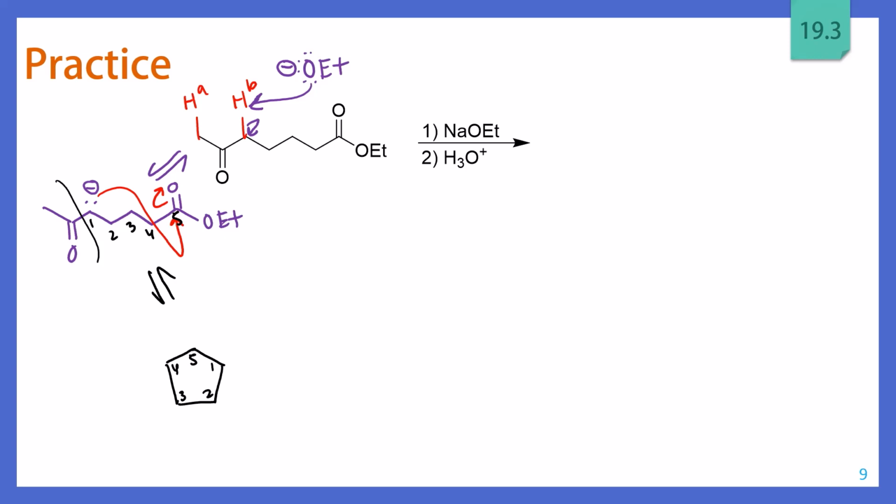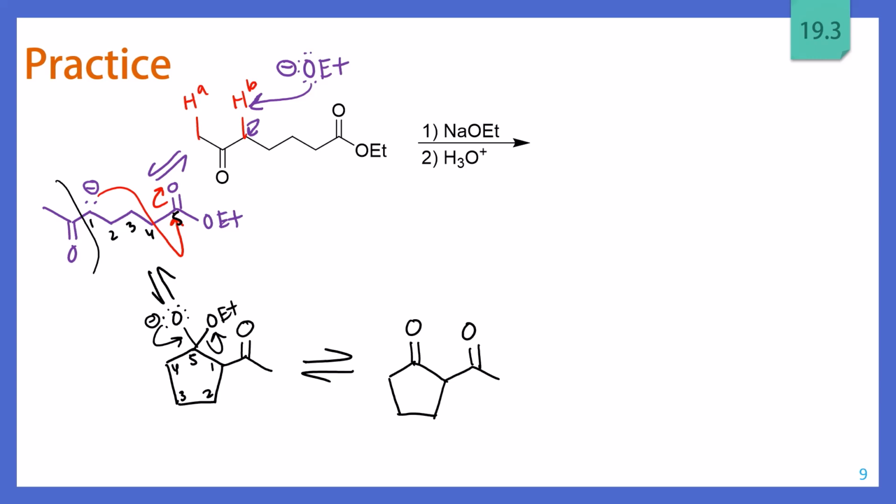So carbon 1 is going to have this ketone sticking off of it, so I'm going to put that back on there. Carbon 5 is going to have an O- from our carbonyl and an ethoxide group. So that O- is going to reform the pi bond. We kick out ethoxide, and we have a beta dicarbonyl compound.